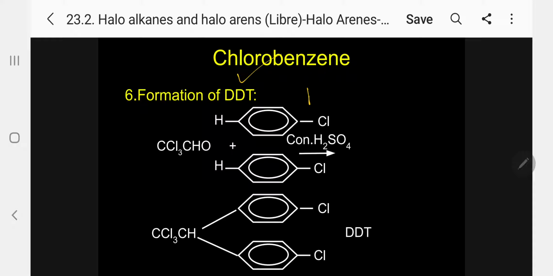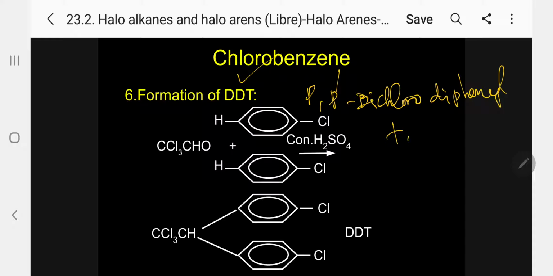It is para-para'-dichlorodiphenyltrichloroethane. This is the name for DDT. Para-para'-dichlorodiphenyltrichloroethane.